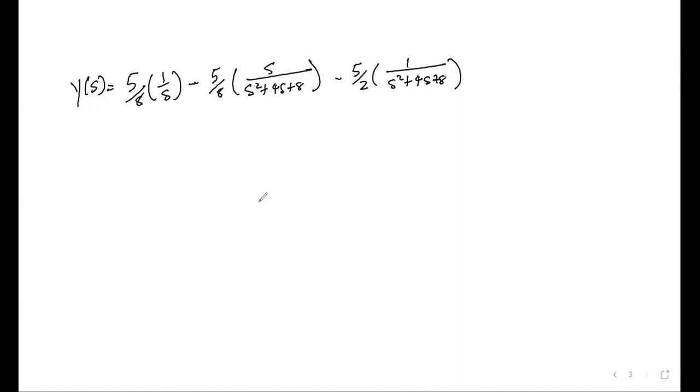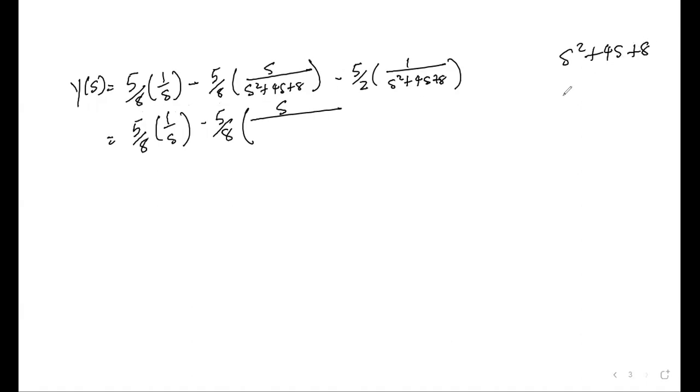All right, so we know the inverse Laplace transform of 1 over s is just 1. Now this part here, what we are going to do is complete the square. Rough work: s squared plus 4s plus 8. Take half of that, squared, plus 8 minus the same thing outside.